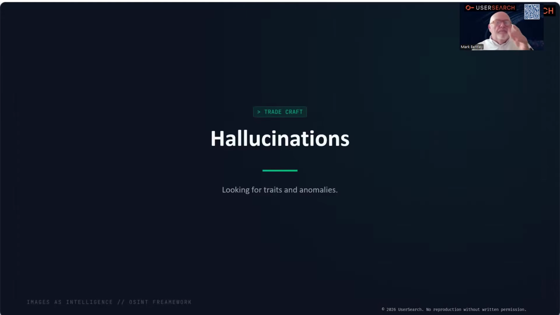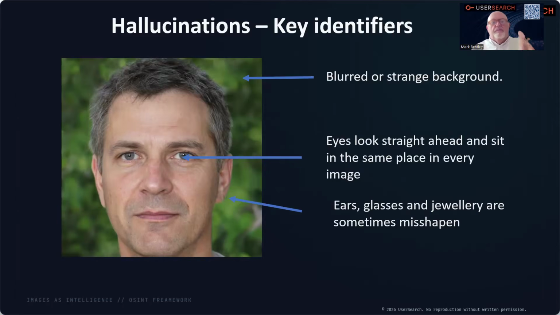So, hallucinations. Pictures from This Person Does Not Exist. Okay. When you're looking at pictures, always look for a blurred or a strange background. Okay. There might be some misshapen things in the back. The eyes look straight ahead or slightly off, but they're in the same place in every image.